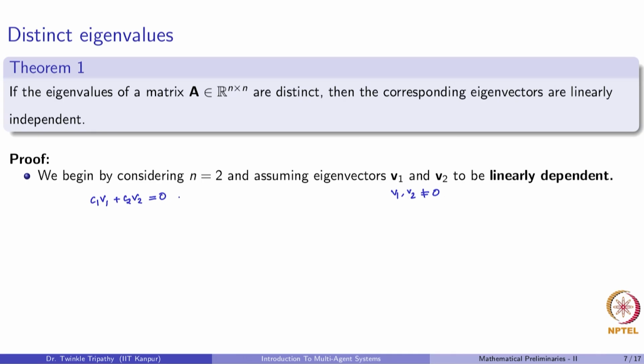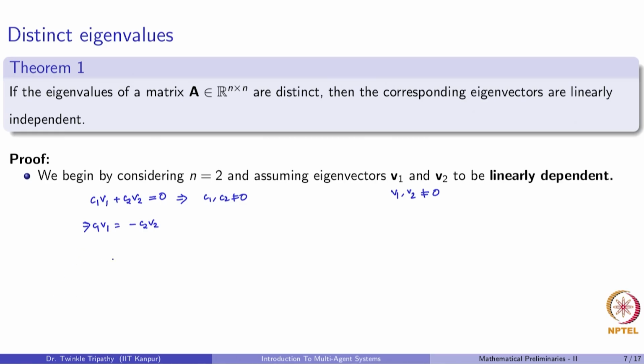Then if we are to solve this equation, we will have the solution, which implies that actually C1 v1 is simply equal to minus C2 v2.